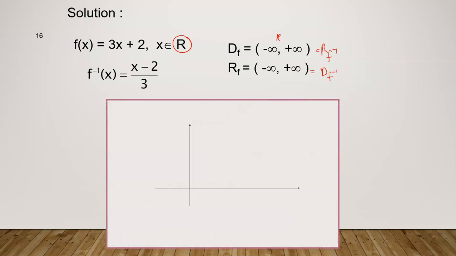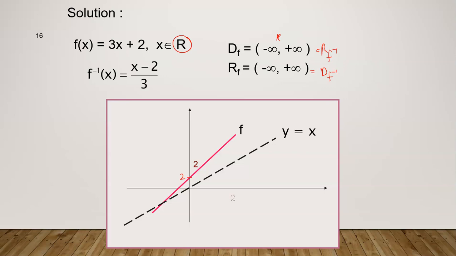Okay, so this is your f, f(x) equals 3x plus 2. It passes through the y-intercept 2 here. And then, by definition, the graph of the inverse is where you reflect your f across y equals x.